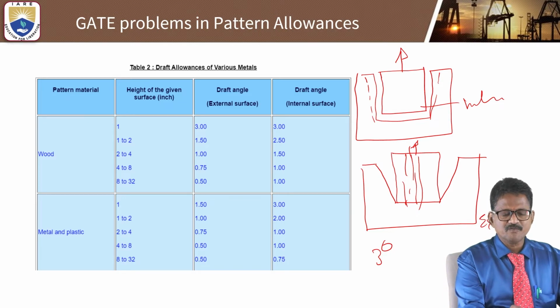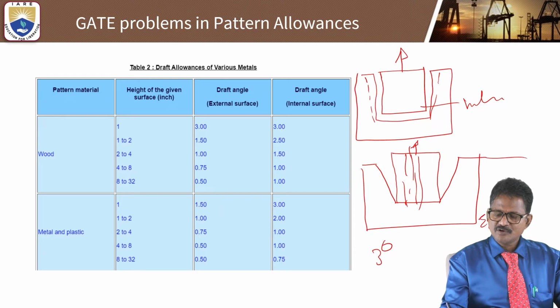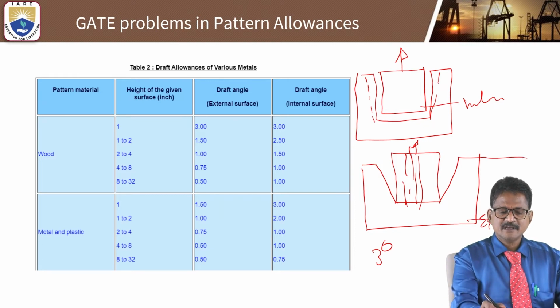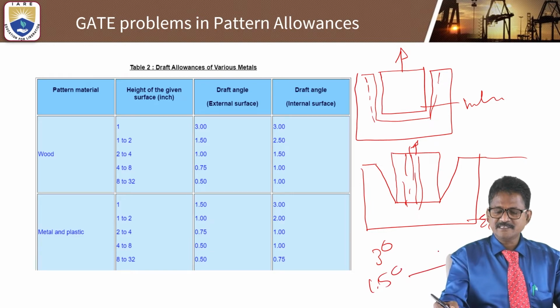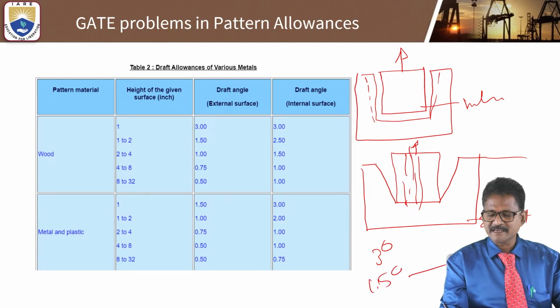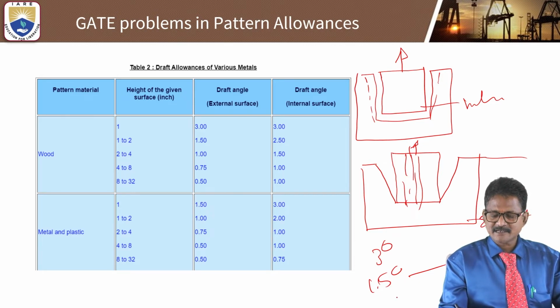So for example, if 1 to 2 mm of height is given, the external draft will be 1.5 degrees, and the internal draft may be increased to 2.5 degrees. If it is 2 to 4 height, the external draft is 1 degree and the internal draft will be 1.5 degrees.